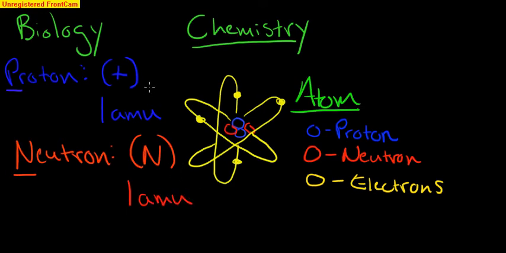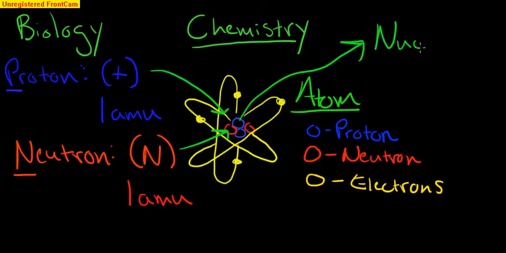Those are the two particles that make up the nucleus. So you can see here that the protons and the neutrons are in the center, and that makes up a thing called the nucleus of an atom.